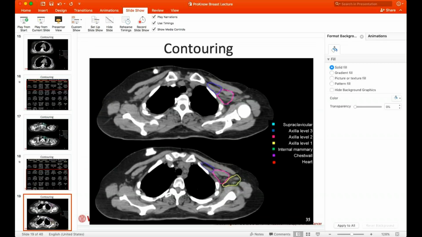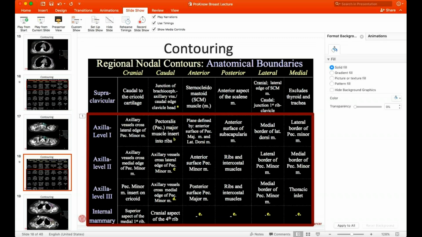All right, and then when it comes to the axillary lymph nodes, the axillary lymph nodes go from levels 1, 2, and 3, like I said before. And when I start contouring, I usually start from level 3, which is the most superior, and I work my way down.